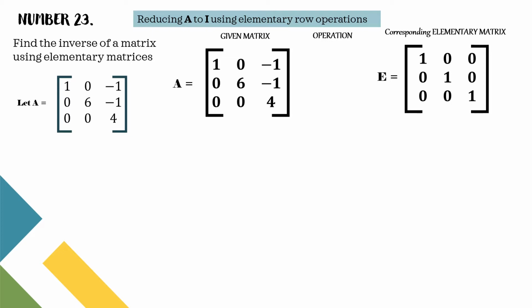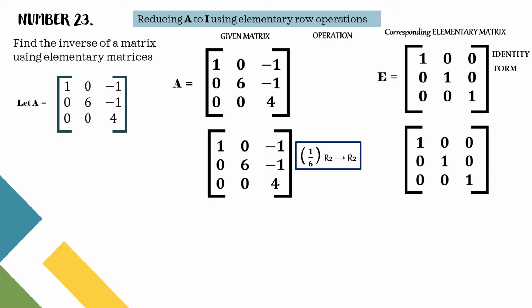This will be our given matrix, and this is the identity matrix of size 3 by 3. The first step is to multiply 1/6 to row 2 to get a new row 2. We do this to both matrices. So we have 1/6 times 0, 6, negative 1 equals 0, 1, negative 1/6.